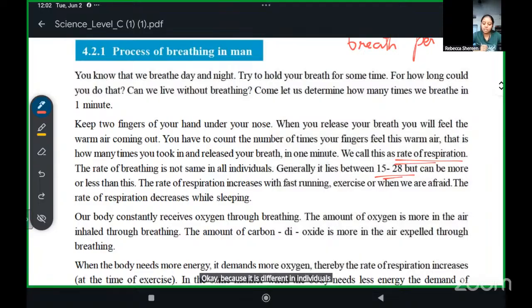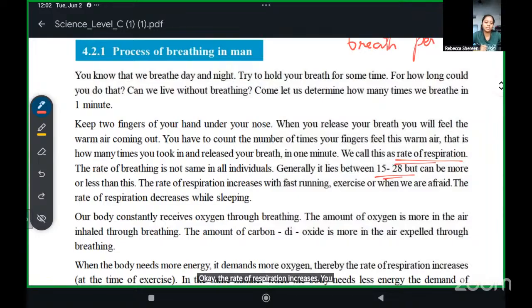Now, the rate of respiration increases in certain activities. If I am running very fast, or if we are exercising continuously, or when we are afraid or scared, the rate of respiration increases.